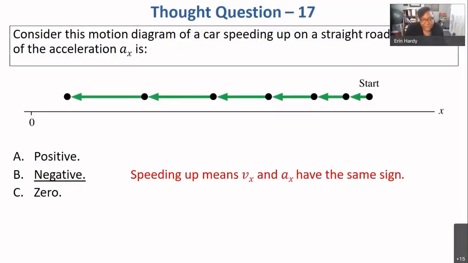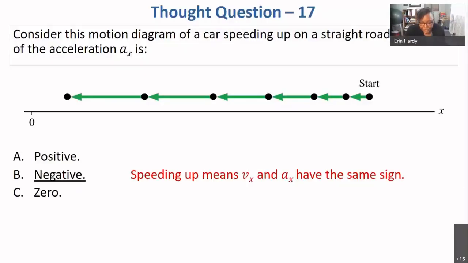Because remember, the acceleration vector is based on the delta v vector, so how the velocity is changing. You need to know the original velocity in order to figure out a final velocity. So let me state that another way.